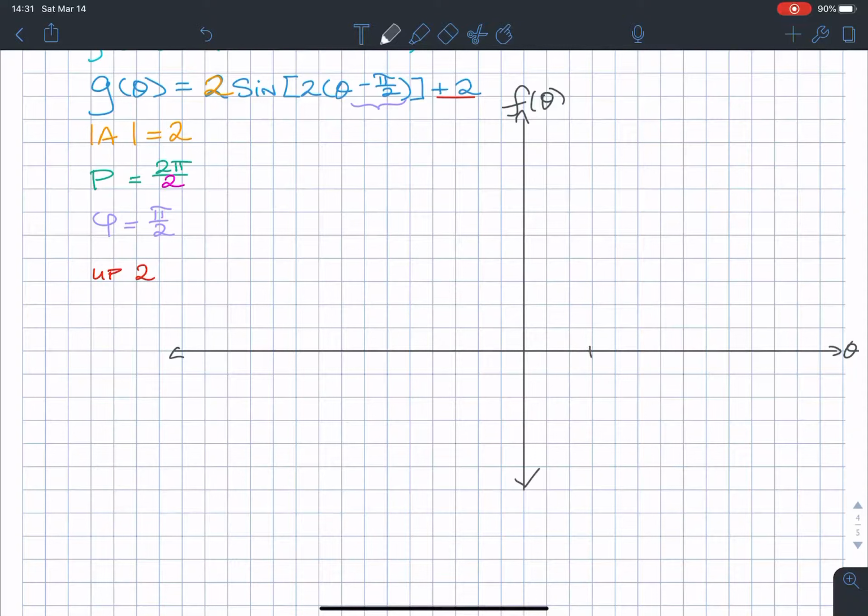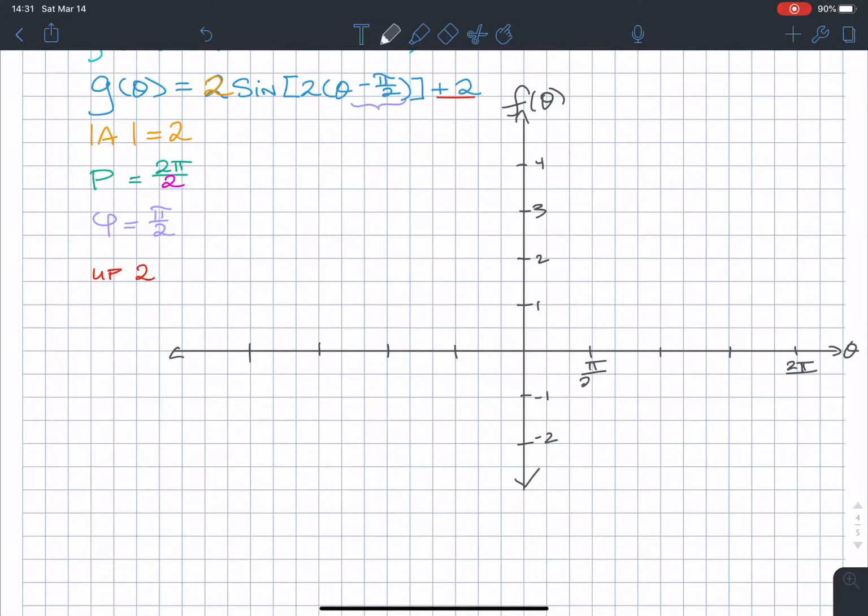So 1, 2, 3, 4 quadrants going right. 1, 2, 3, 4 quadrants going left. I have an amplitude of 2. So 1, 2, 3, 4, because I know I'm moving up 2. Sorry, -1, -2. Okay, so 4 quadrants is 2 pi divided by 2.